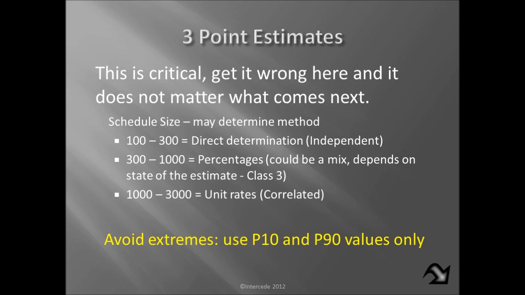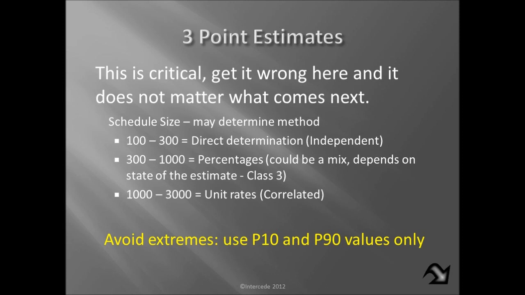Now, when we get more complex, in the mid-range, say 300 to 1,000, I use percentages. And that's just because I'm dealing with more activities. And it could be a mix, of course. So we could still have the direct determination, or we could have something depending on a group of activities.